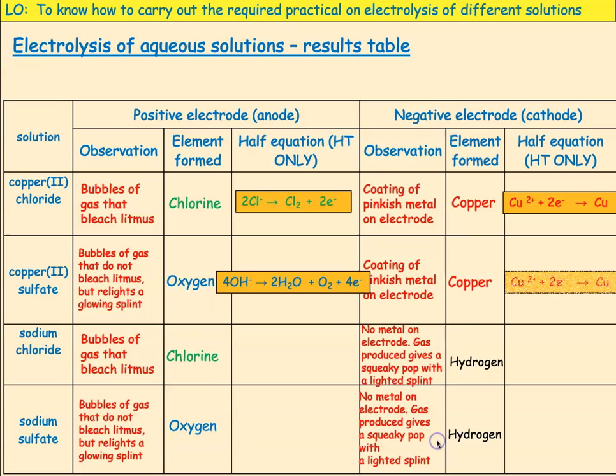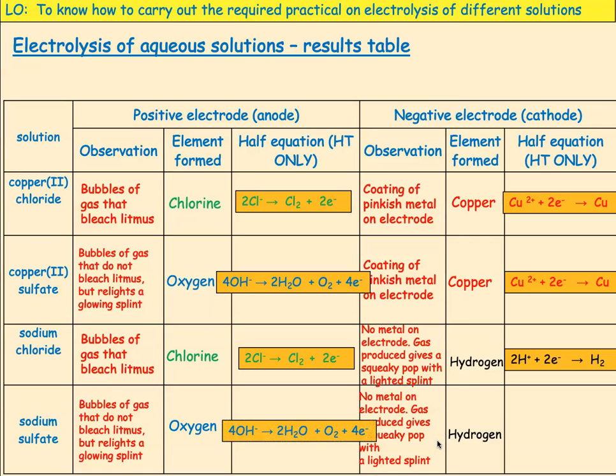And again for the copper, Cu2+ plus 2 electrons gives us Cu. Sodium chloride: chlorine, again 2Cl- gives us Cl2 plus 2 electrons, and the hydrogen, 2H+ plus 2 electrons gives us H2. Finally, oxygen: 4OH- gives us 2H2O plus O2 plus 4 electrons, and hydrogen, again 2H+ plus 2 electrons gives us H2.